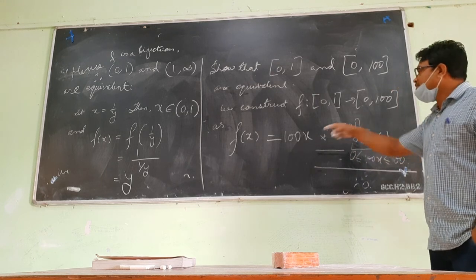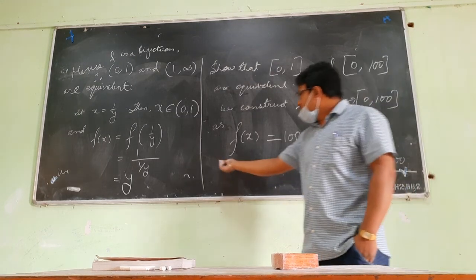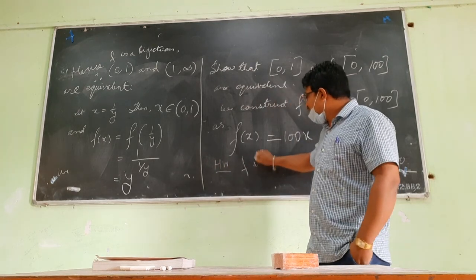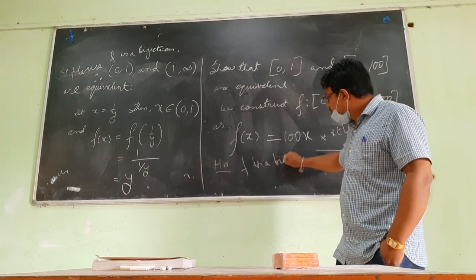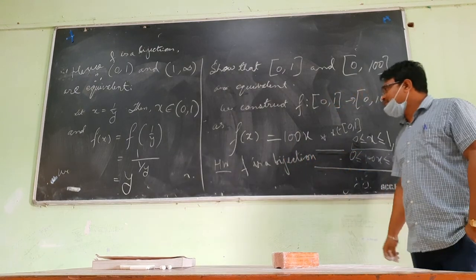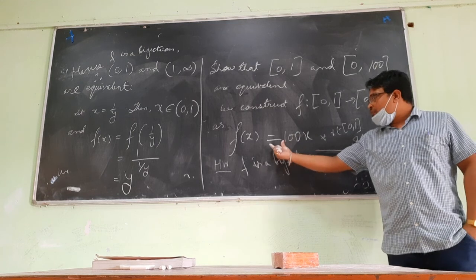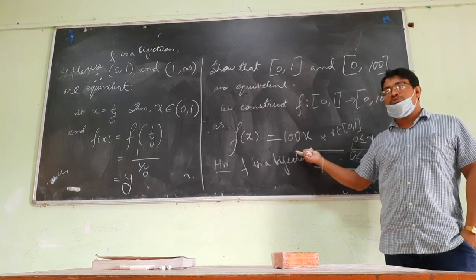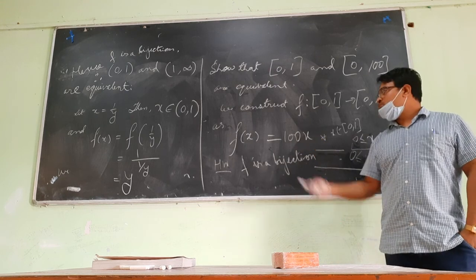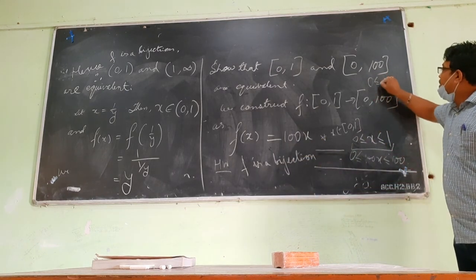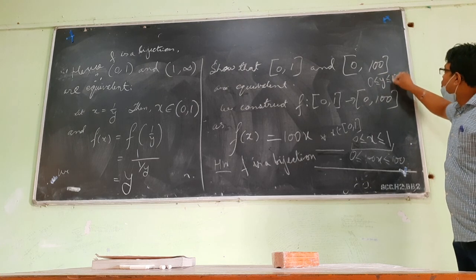So this is a bijection. At home, you try to show that this is a bijection. Homework: f is a bijection. It's very simple. f of x1 equal to f of x2 will imply that 100x1 equals 100x2. Just cancel 100, so x1 is equal to x2. Take any element y here, lying between 0 and 100.